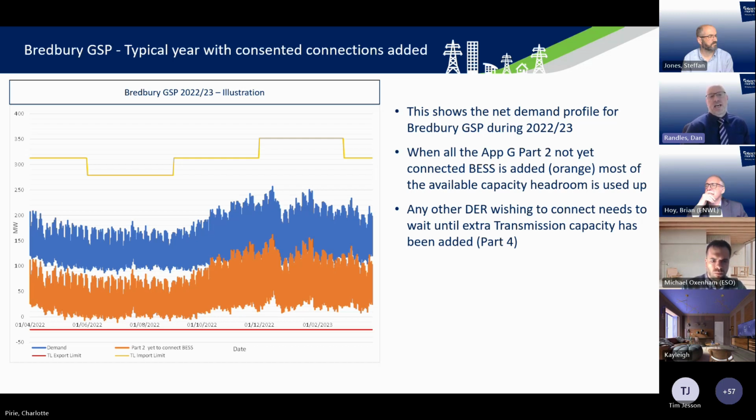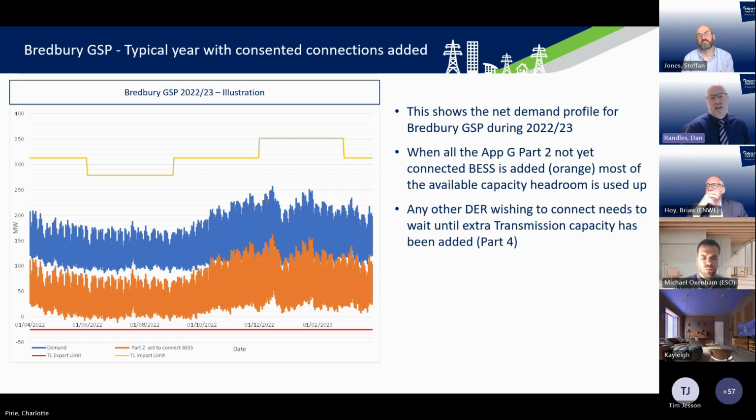And what this chart tries to illustrate is the effect of a large Part 2 customer connecting on the materiality or the headroom that's available at that GSP. So you can see the blue line was the original demand profile, and then the orange line is the effect of the connection of, in this instance, a battery currently in Part 2, what the impact will be on the demand when the battery connects.